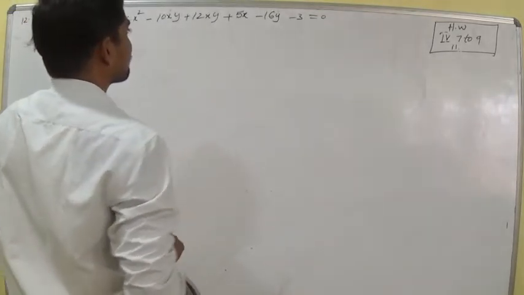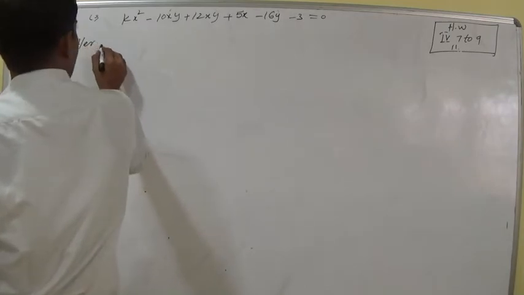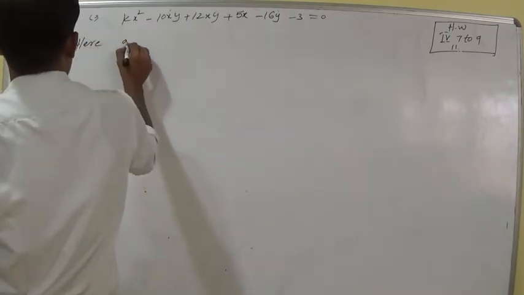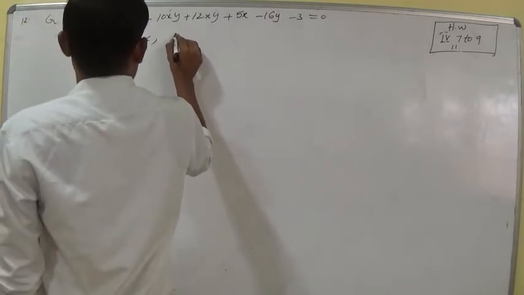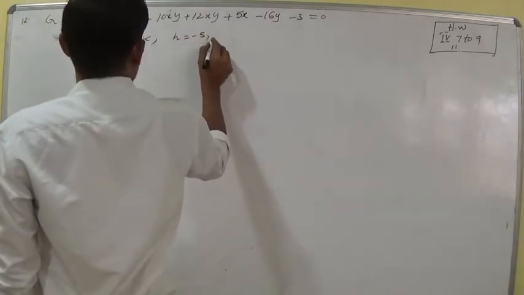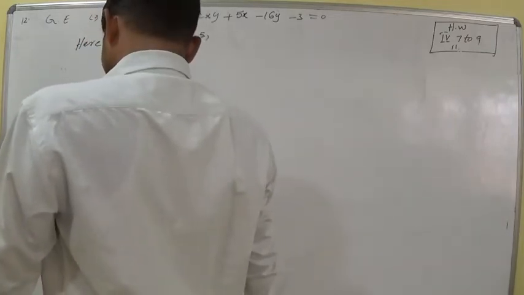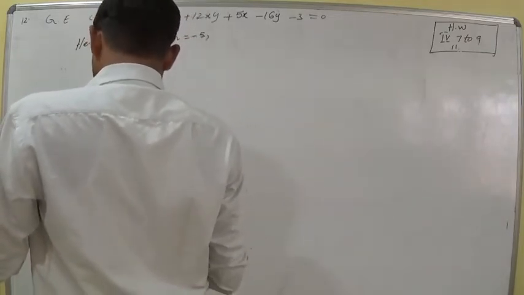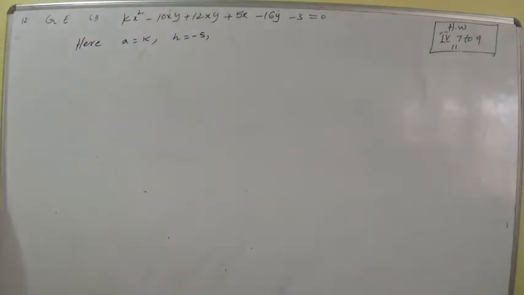Here a is equal to k, h is equal to minus 5. Wait a minute.